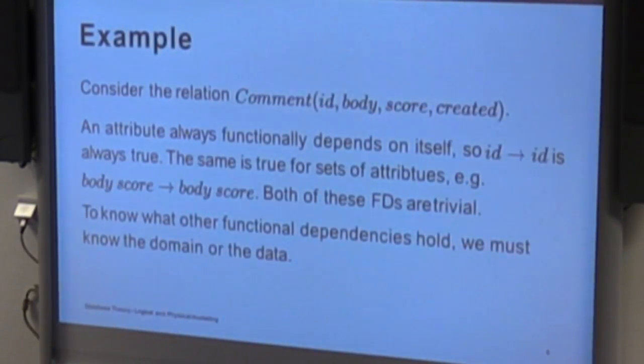The same thing here is also true for the body and score. That's the one set that is determining its own set, which is the body and score. So you need to see these as sets of attributes being functionally dependent on other attributes, and the other way around is when it is determining other attributes.